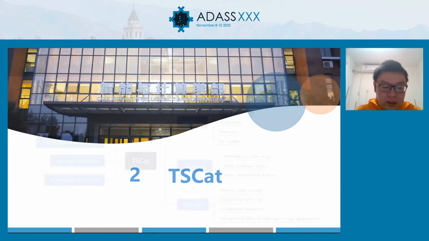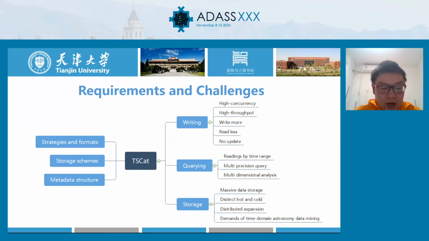We will start by describing the characteristics of astronomical time series data in 3 domains: writing, querying, and storage. The basic requirements for time series data storage and management include support for high concurrency writing, high throughput writing, massive data storage, aggregate query, and distributed expansion.